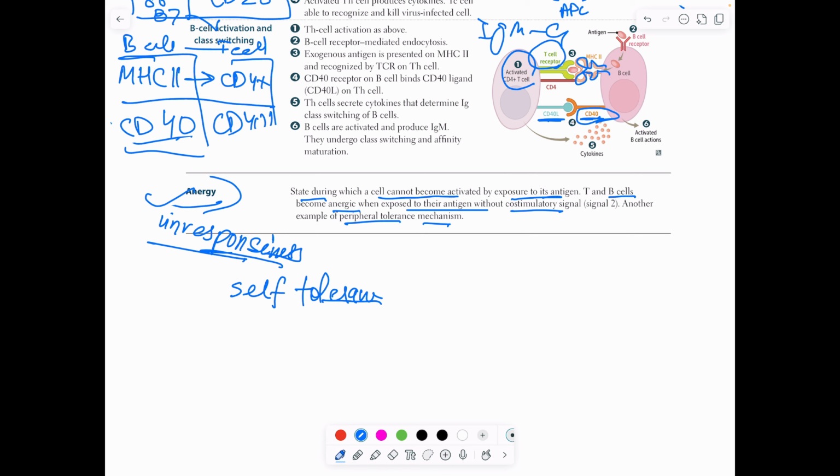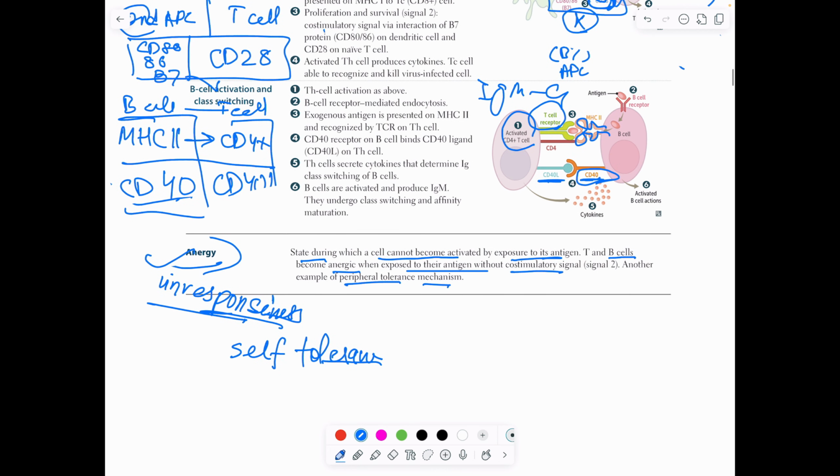This can lead to a block in interleukin-2 production and cell proliferation. Same like that, B cells also become anergic after encountering self-antigens, leading to downregulation of surface immunoglobulin receptors and desensitization of B cell receptors in the signal pathway. And this is a simple mechanism of anergy to maintain self-tolerance and prevent autoimmune reactions.